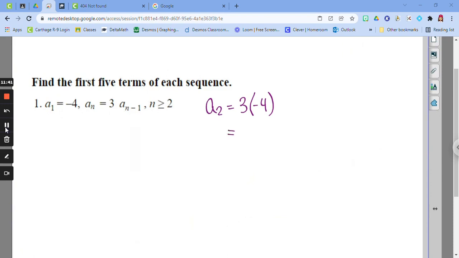So that would be a negative 12. So the third term is 3 times the previous term. So that makes it negative 36. Find the next 2.